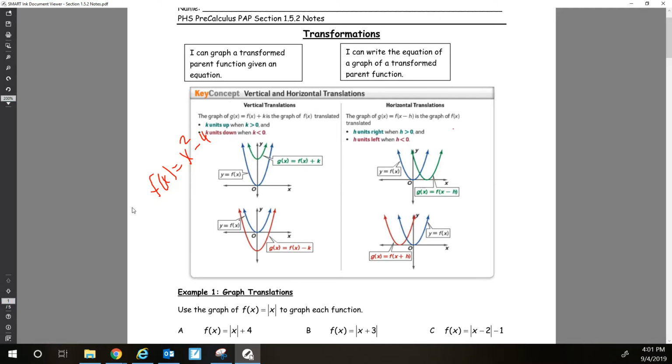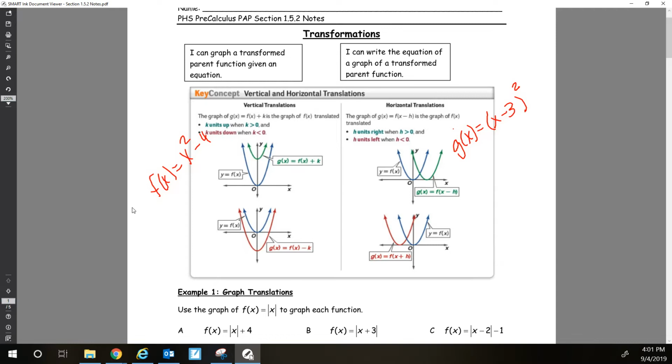Whereas for your horizontal translations, it's going to happen inside my function. So if my function is x squared, it's going to become something like this. So it's inside the parentheses. We say inside a lot because when we're talking about x squared, x cubed, that's inside the parentheses. It could be inside your absolute value. It could be underneath the radical sign. It could be in the fraction.